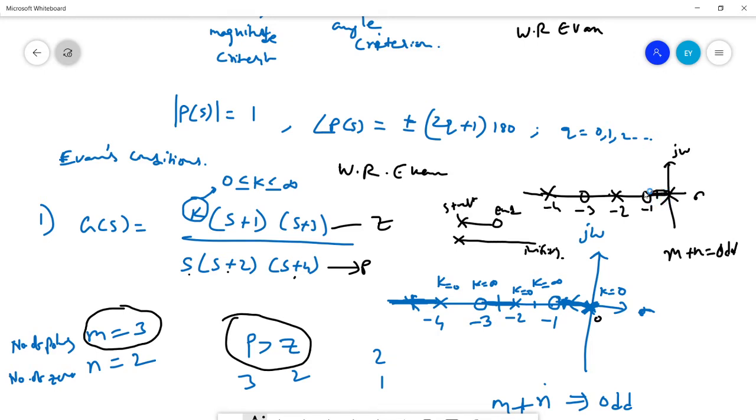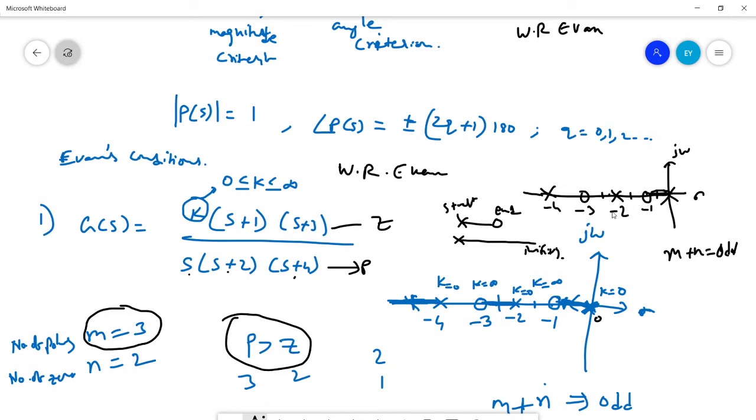Next, take a test point here and check your right side. How many poles and zeros are there? There are 2, so there won't be a locus in this part.